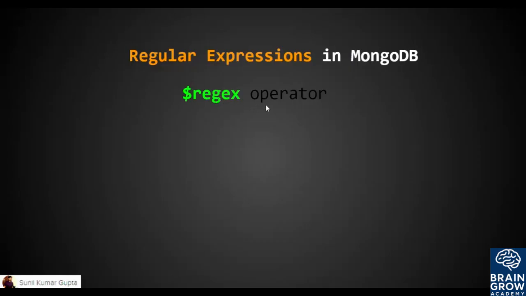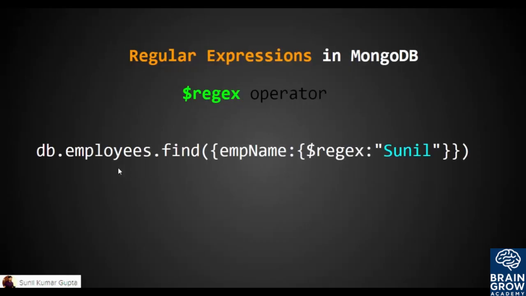So with the regex operator, say you have a document with employee details like first name, employee name, department, salary, and so on, and you want to search for a particular employee. How can you do that?